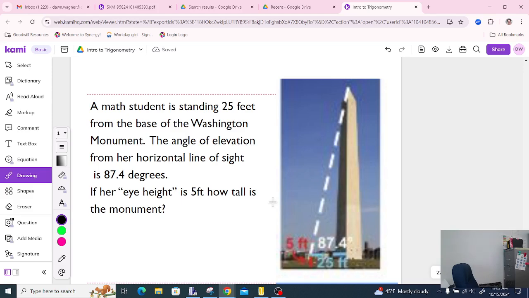Now, I looked on Amazon to see how much those things cost because, believe it or not, if you were a surveyor or worked in forestry, if you wanted to know how tall a tree was, do you think that's something people who work in state parks want to know? Yeah.